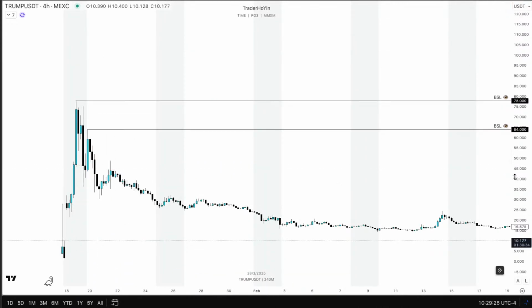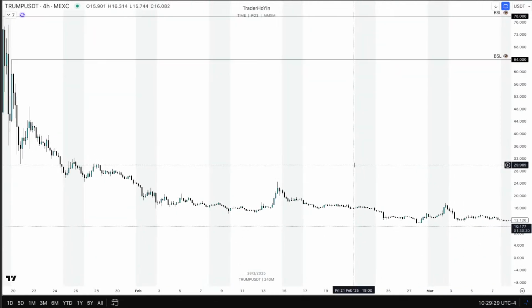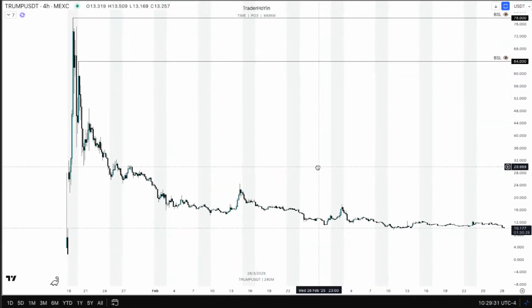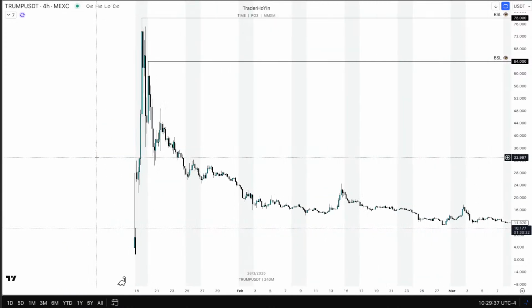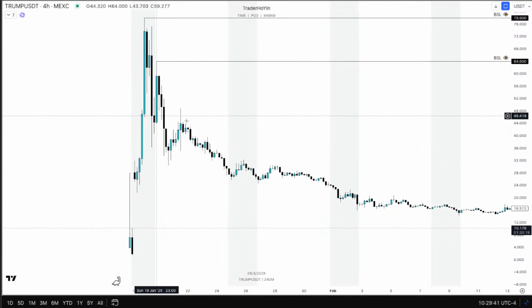And people were so hyped up about this coin, right? And look at that. Back to $10. And the funny thing is, it's respecting every PD array.